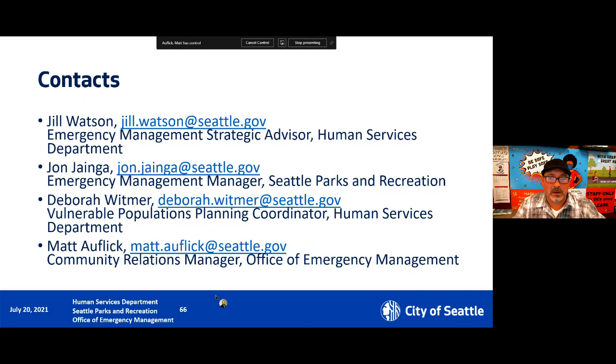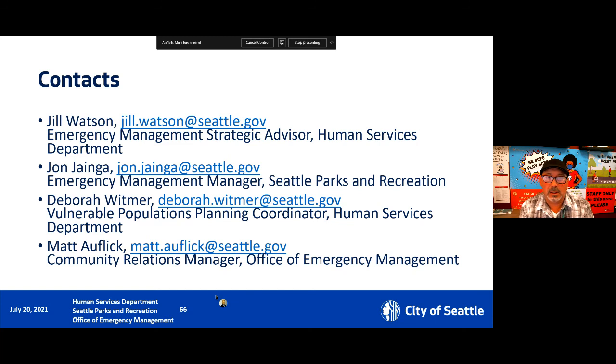So like I said before, even before we open up a shelter, we would have that facility inspected by one of our park engineers, one of our city inspectors, or one of our contract engineers to make sure that the building is safe. If it's not safe for public use, we will not open it.